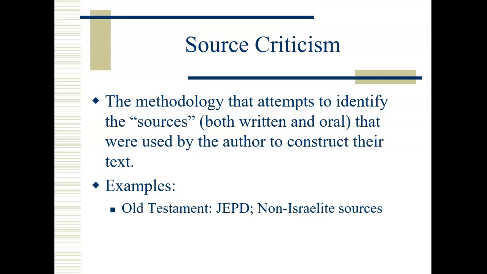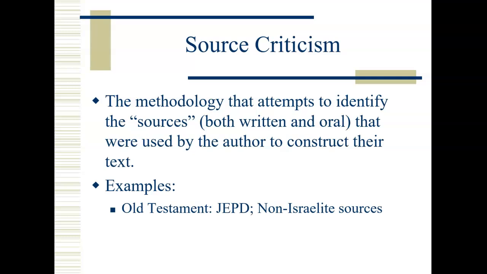So sometimes you'll have God referred to as Yahweh, which in English is sometimes indicated by all capitalized letters, the LORD. And then in other places, it'll just have the word God. That's reflecting the use of the word Elohim or El.